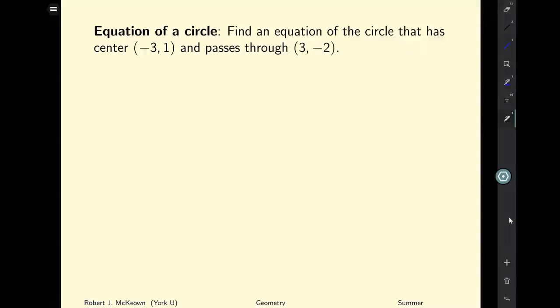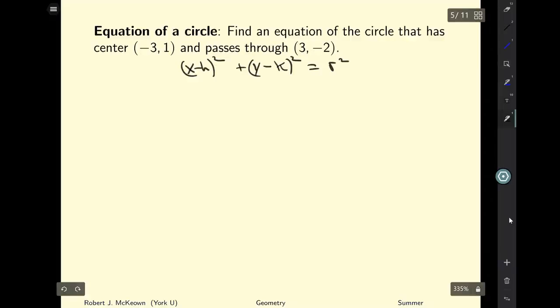Let's take a look at our next circle question. We've been given the center of the circle, and we've been given 1 point along the perimeter of the circle. And the question is asking us to find the equation. So the equation of a circle is x minus h squared plus y minus k squared is equal to the radius squared.